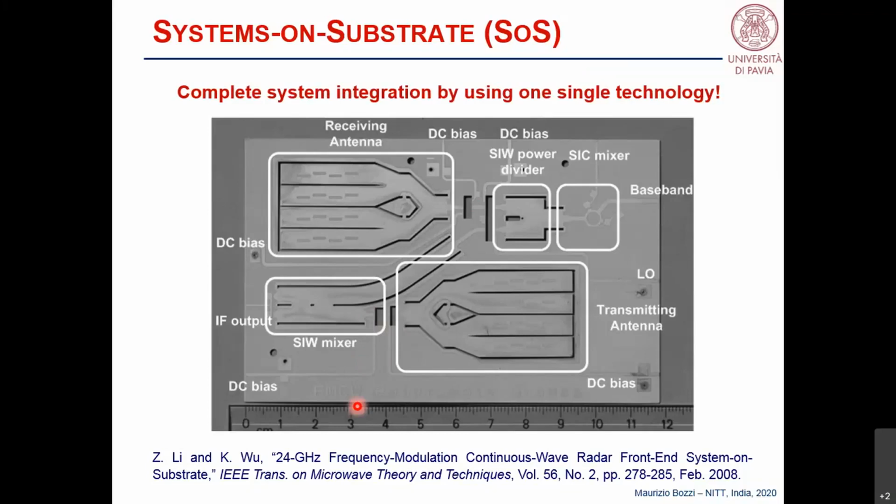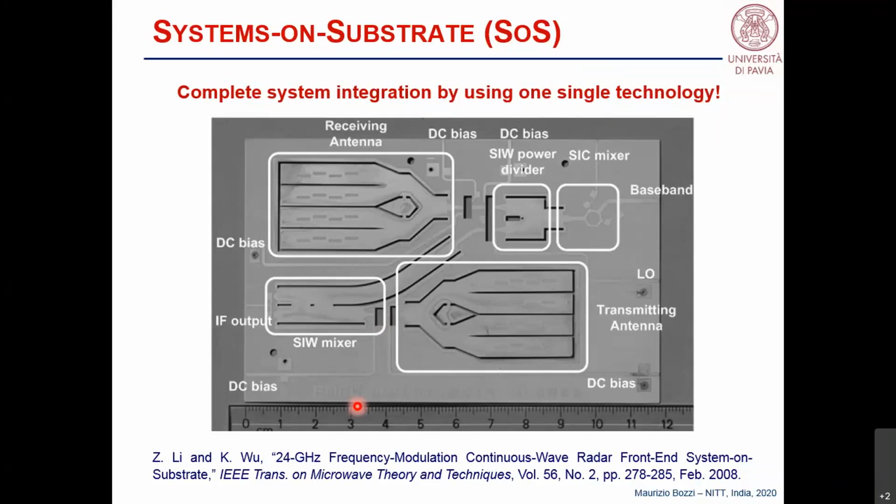This is a complete radar at 24 gigahertz. Imagine building such a radar by using, for instance, two horn antennas, some parts of the circuits in PCB, the filters in waveguide technology, and so on. And then you have to mount everything together.